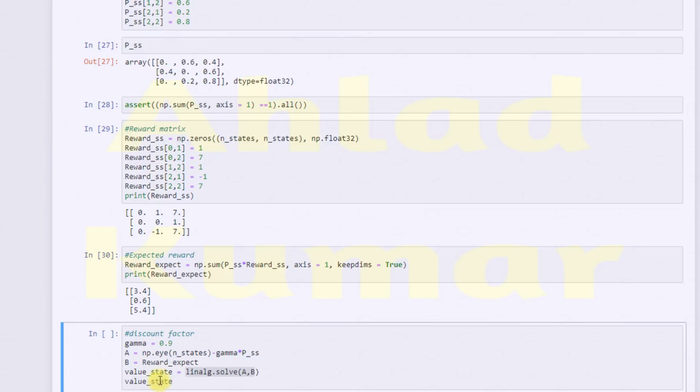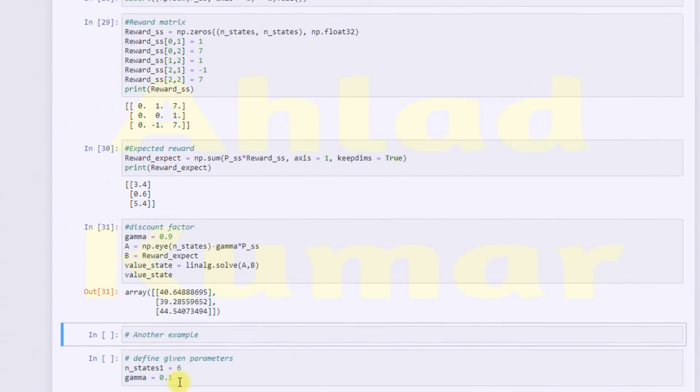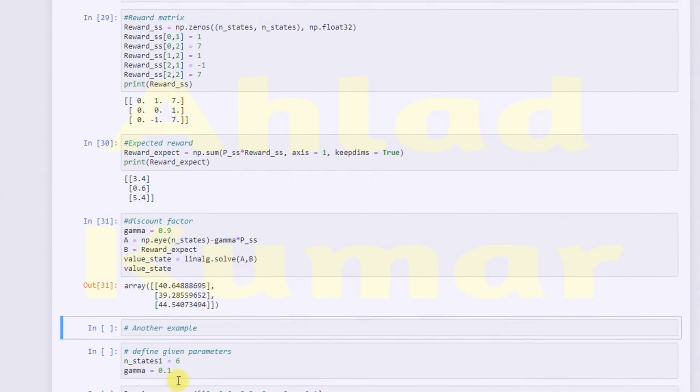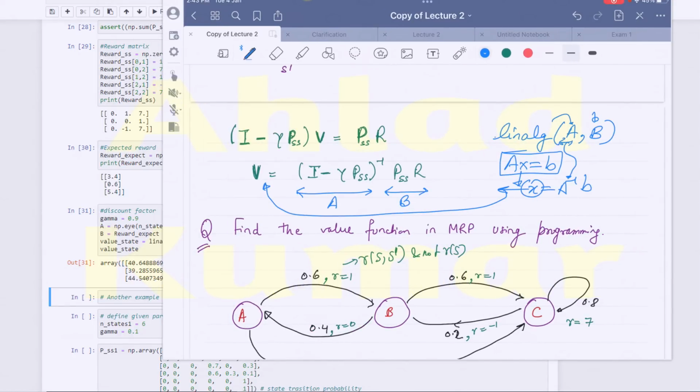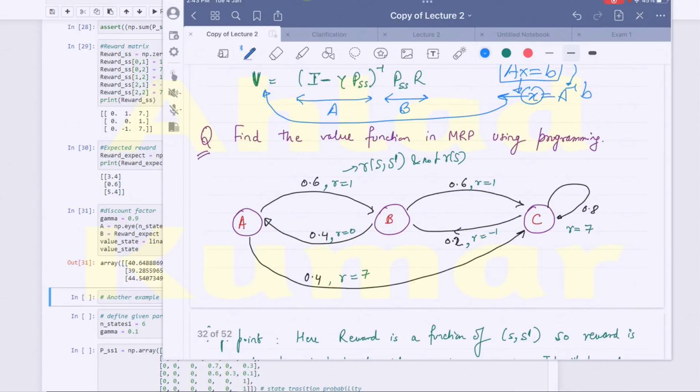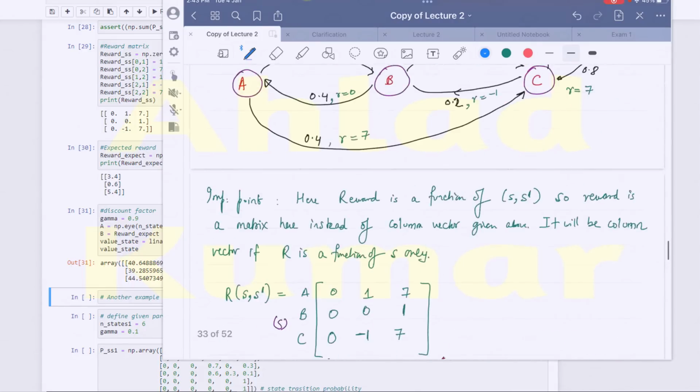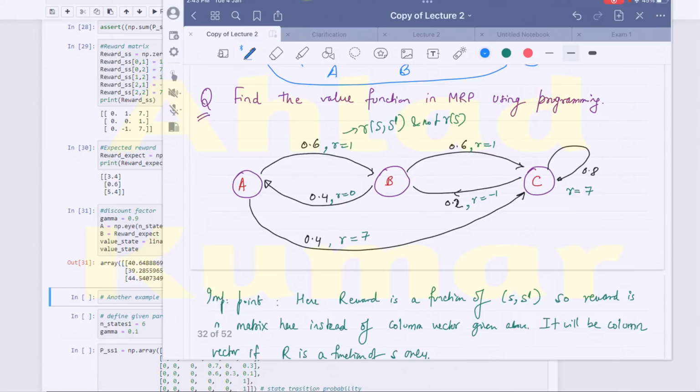Once you evaluate the value of the states, the values will come out to be 40.64, 39.28 and 44.54. So in the long run, the values are 40.64, 39.28, and 44.54.